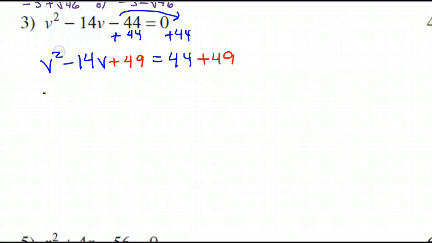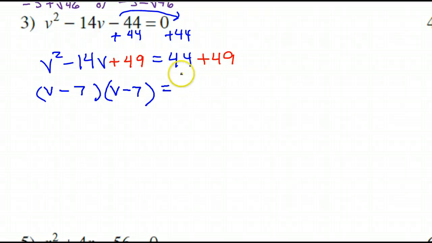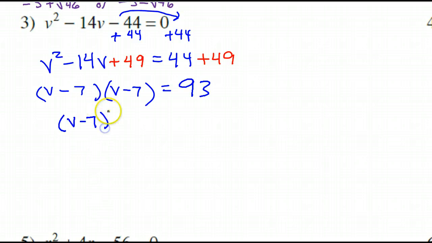Okay, so now I could factor this as v minus 7 times v minus 7. And this is going to give me what? That's 93. So that allows me to write v minus 7 squared is equal to 93.